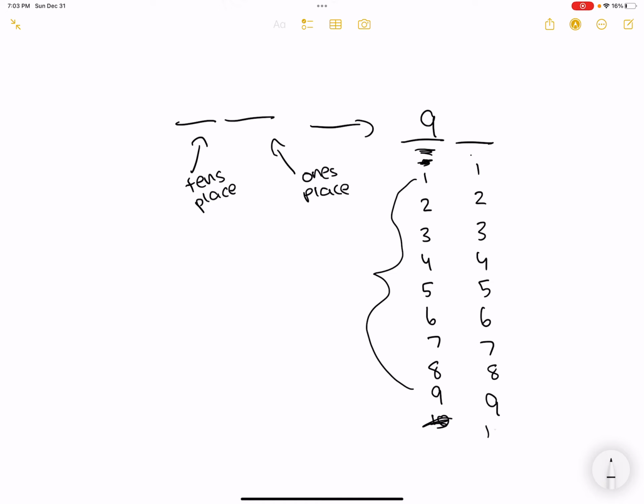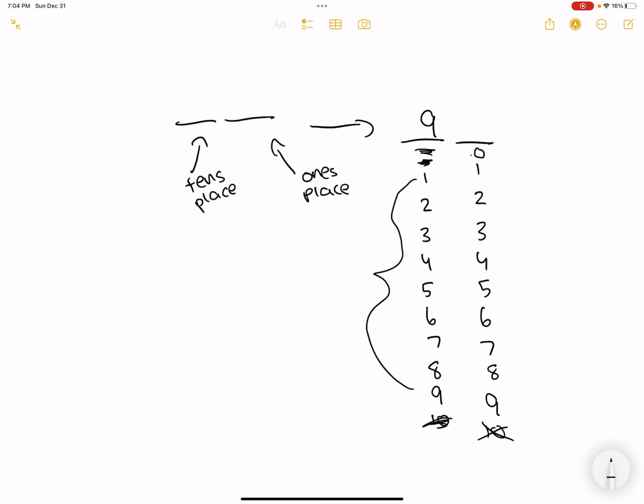So a 10 would not be possible, but we could do a 0 because we're in the ones place. So 0 isn't the starting digit, so it doesn't make the 2-digit number into a 1-digit number. So a 0 is now an option.